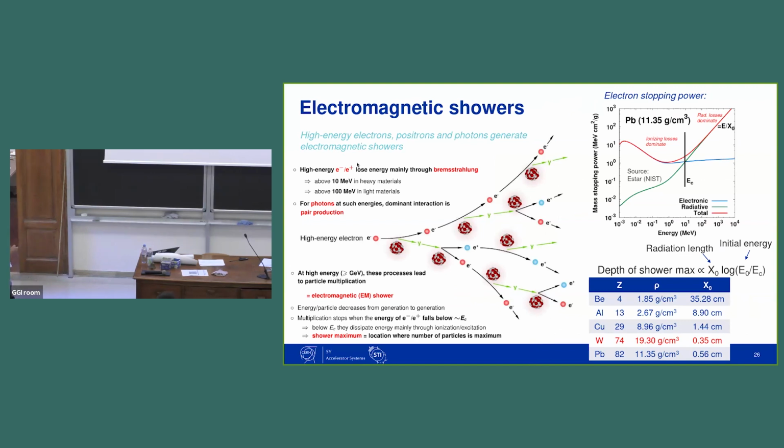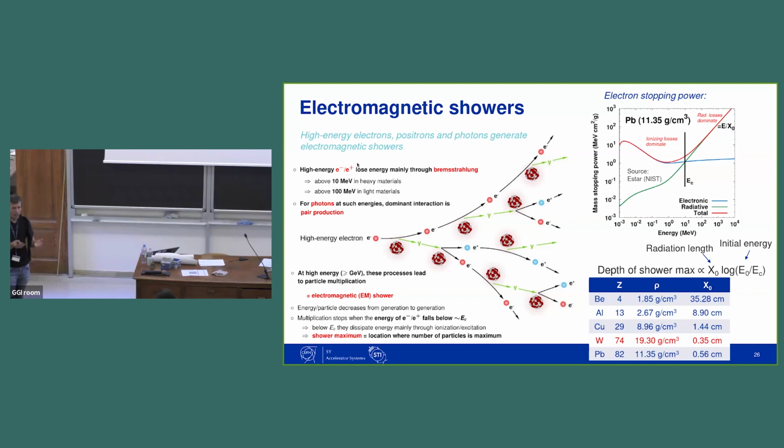So you have, of course, the high energy electrons and positrons losing energy through Bremsstrahlung. As you already see also in the electron stopping power, at low energies you're dominated by ionizing energy losses, but already above, let's say, 10 MeV, radiative losses dominate, so Bremsstrahlung emission. And then these Bremsstrahlung photons have high energies, they can produce electron-positron pairs.